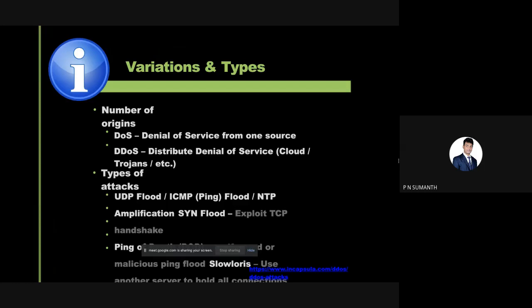And there are different types of attack: denial of service attack, distributed denial of service attack, which happens in the cloud or through trojans, and UDP, NTP, which are the advanced level attacks we use in DOS. A simple DOS, I can say, you might have seen earlier.